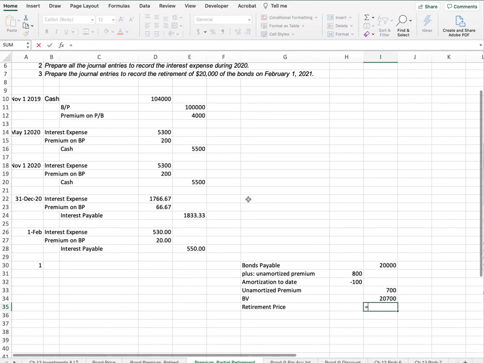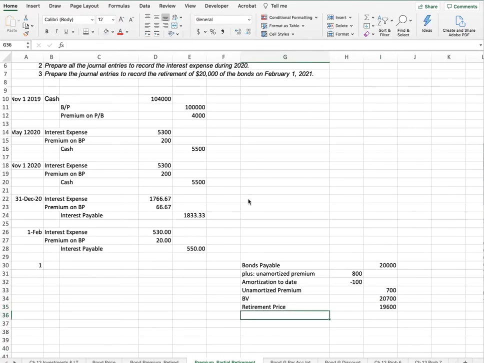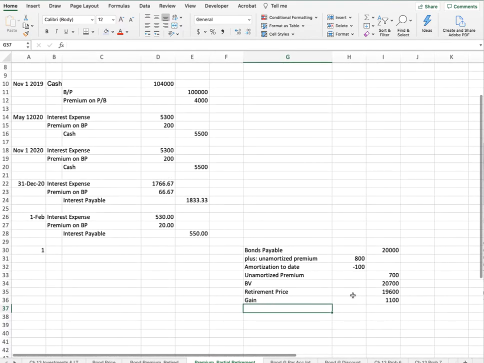So this equals 20,000 times 0.98. And so the book value minus the retirement gives us a gain of 1,100. Setting it up like this might be more helpful for you to see that gain and determine if there is a gain or a loss.